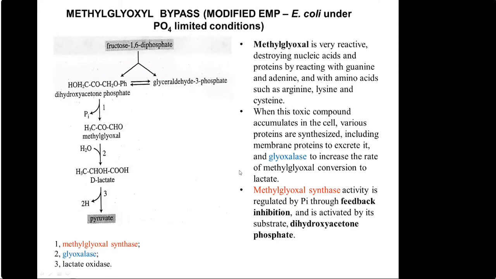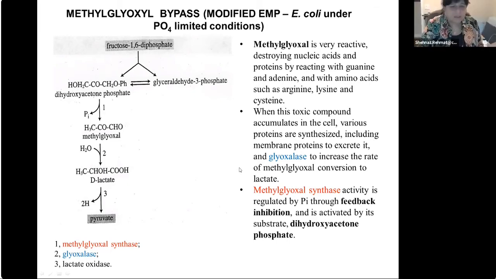Yes. Okay, so you understand that inorganic phosphate will be used for feedback inhibition, and also it is activated by its substrate, which is the DHAP. So this DHAP is an activator for this enzyme, whilst the inorganic phosphate inhibits it.